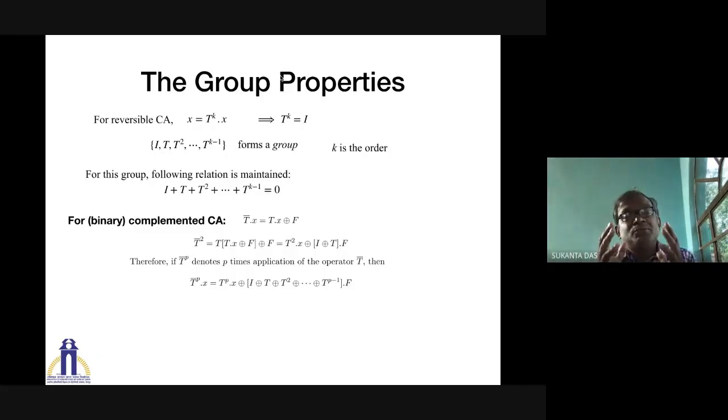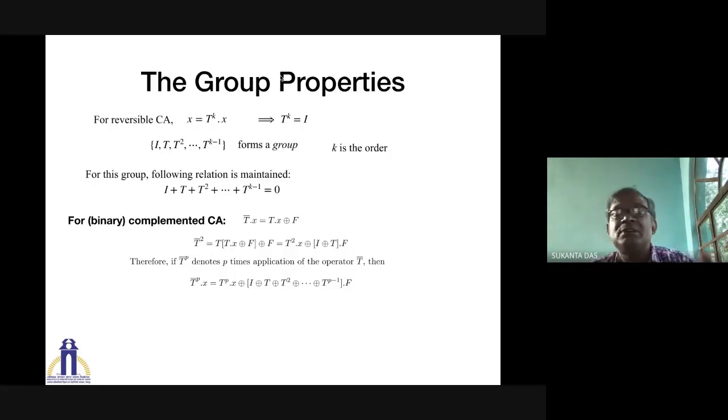So I have to multiply this X with T, then I have to XOR the resultant column vector with the F. Note that we are concentrating now only on binary CAs.